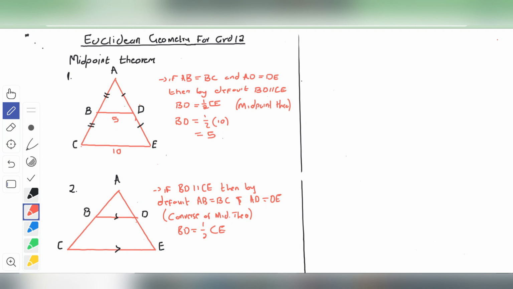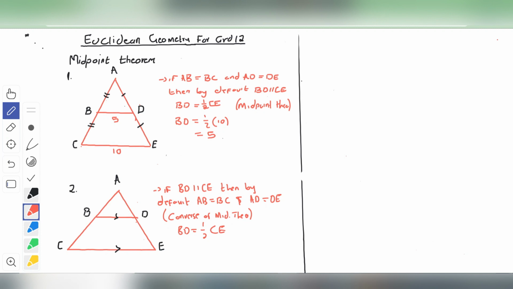After the proportionality theorem, we're going to do some other examples so that you can see how we apply this knowledge that we have for the midpoint theorem.